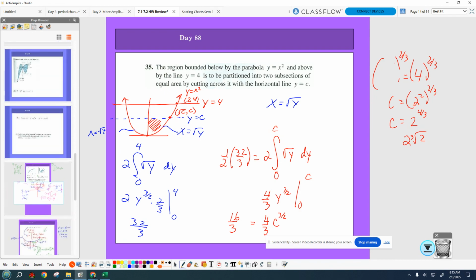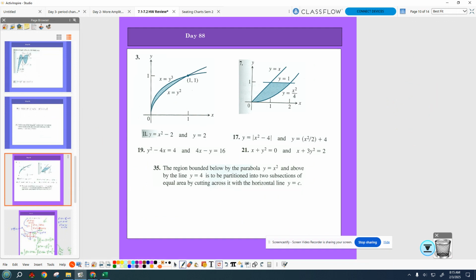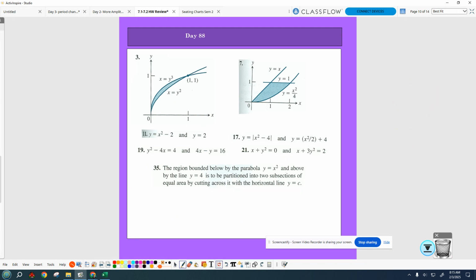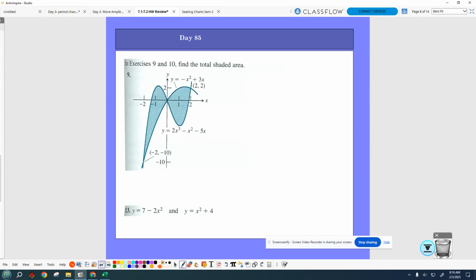Alright. Were there any other questions with these? Or the day before? Were there any from the just x's that were challenging that we need to go over? 33 was a warm-up that we did a couple days ago.